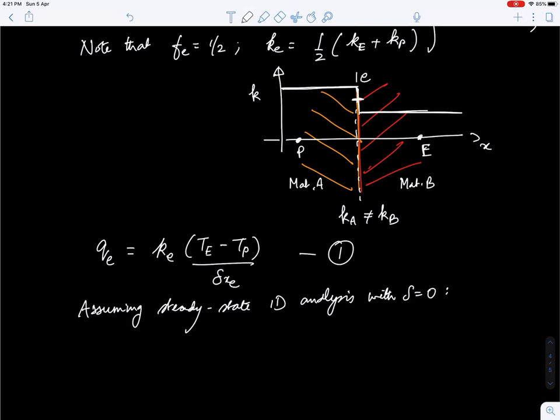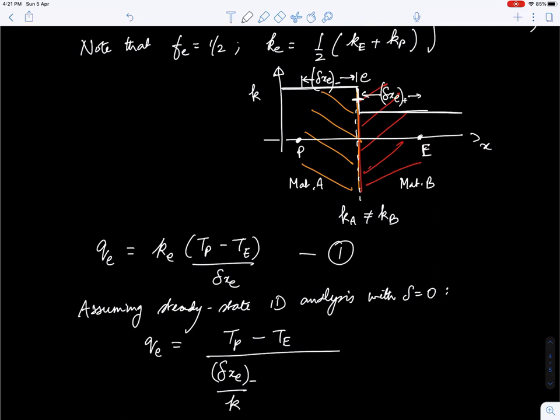In that case, between nodes P and E, we could write the flux as Tp minus Te by delta Xe minus, remember this distance here will be delta Xe minus, and this distance is delta Xe plus, right?